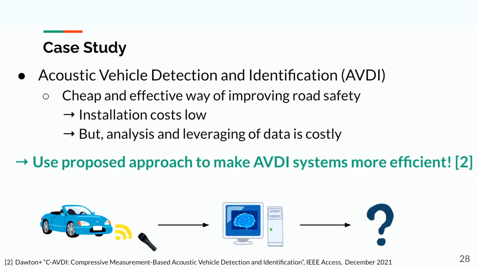You don't need to do any road works or anything like that. You just plop a couple of microphones down and you can get going. So the installation costs are low, but the actual analysis and leveraging of the data is quite costly computationally. So is it possible to use our proposed approach to make these systems more efficient? And this is what we investigated in our research.